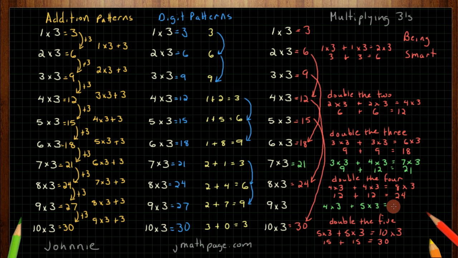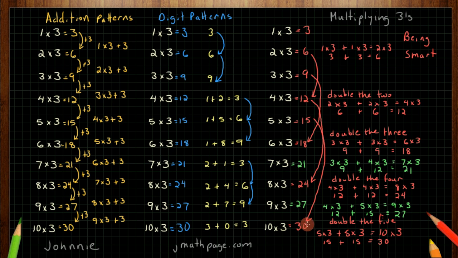And that's the same thing as 9 times 3. Okay? 4 times 3 was 12, and 5 times 3 was 15, and that equals 9 times 3. Well, 12 plus 15 equals 27. So we can say 9 times 3 equals 27, right?